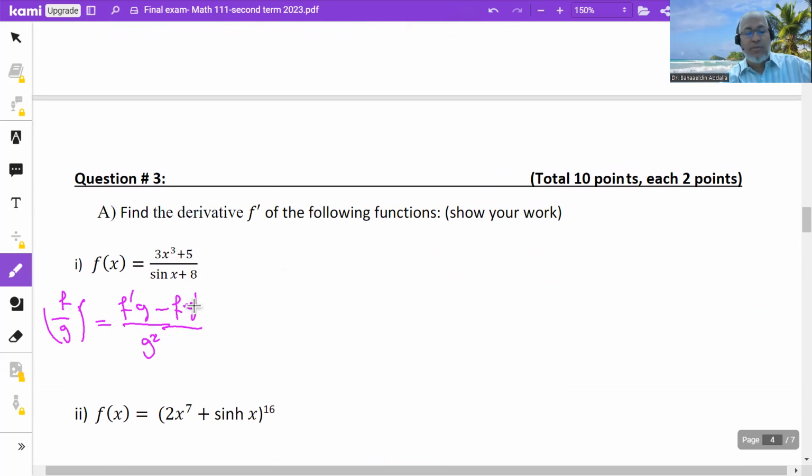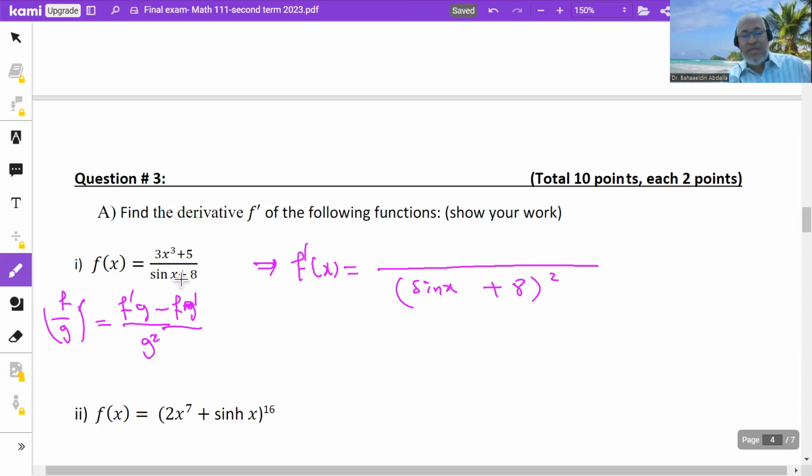So this is g prime. f prime of x would have the denominator sine x plus 8, squared. And this 8 is not inside the sine, because if it were inside the sine, you should put parentheses here. Now the derivative of the numerator, 3 times 3 is 9x squared plus 5.